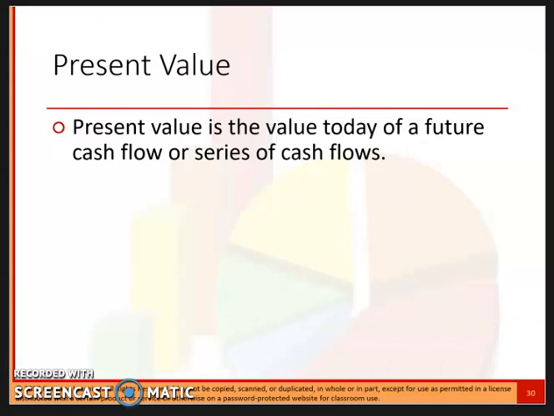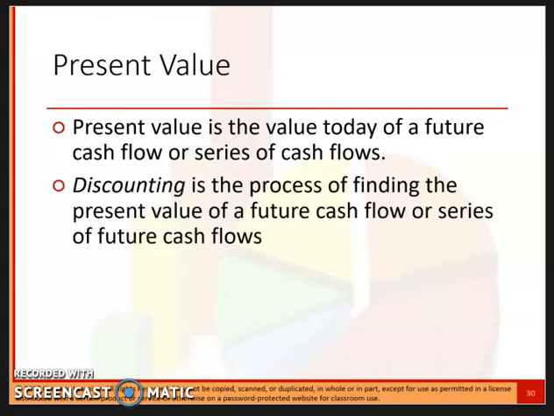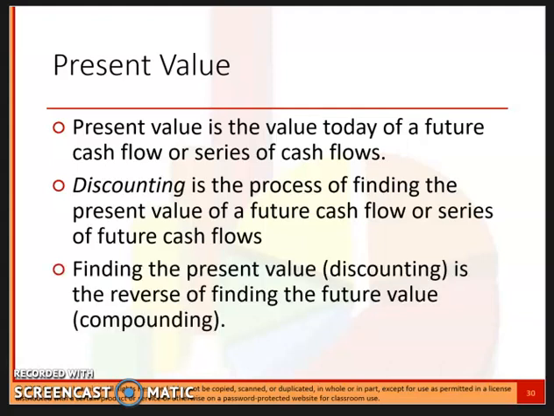So present value is the value today of a future cash flow or series of cash flows, and that can be a lump sum. We discount, which is the process of finding the present value of a future cash flow or series of future cash flows.